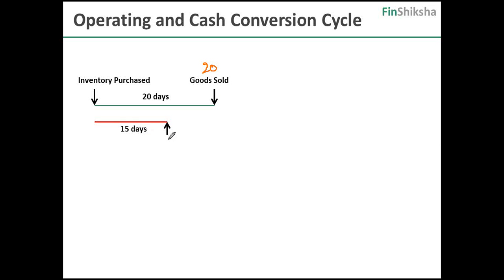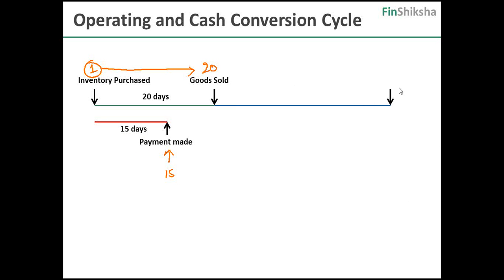After 15 days, they make the payment. So while they purchased this on day 1, they were able to sell the raw material converted into final goods after 20 days. They made the payment on the 15th day to their vendor. Correct? Now, let's assume once the good got sold, the money got received after 30 days.